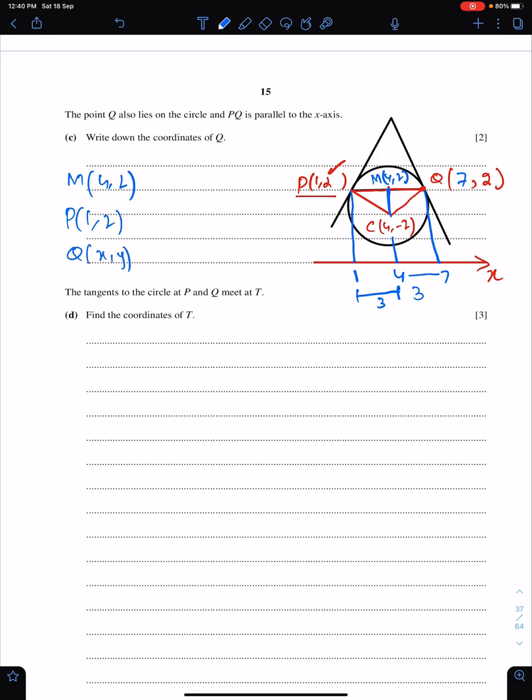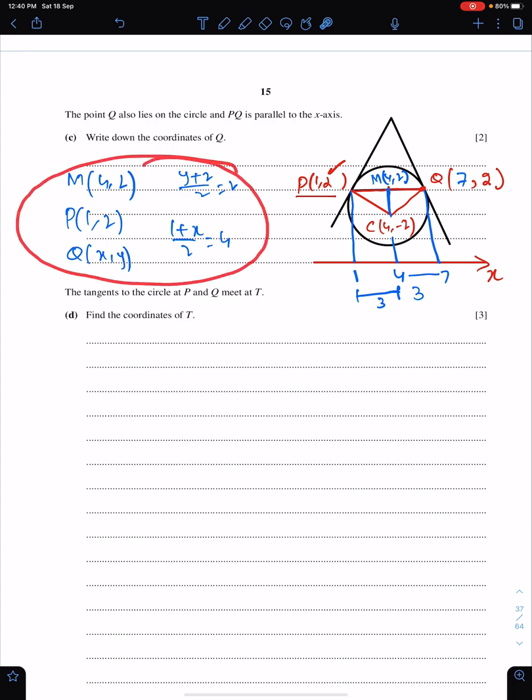So by using the midpoint formula, you can easily get the coordinates of Q. In this way, (1 plus x) upon 2 is equal to 4, and (y plus 2) upon 2 is equal to 2. So you'll get the coordinates of Q. This is the proper way, and this is according to the diagram. So you can do it any way.